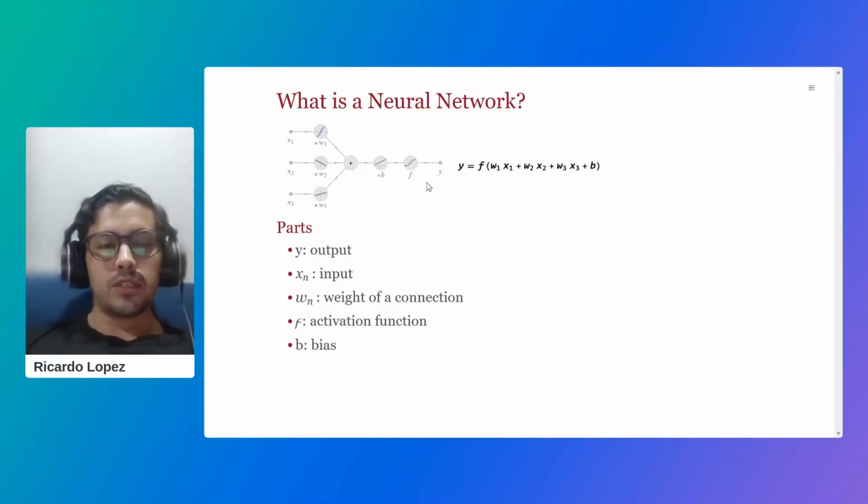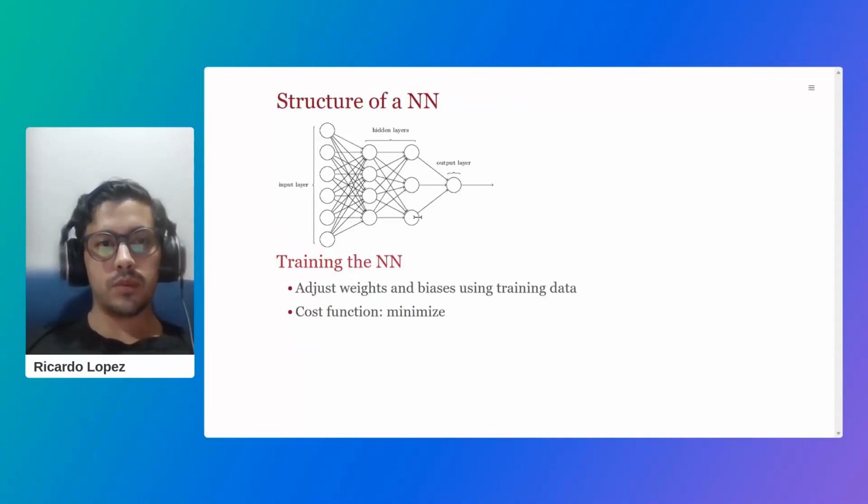So each of the neurons is doing this operation, and each of these weights and biases are parameters that we will adjust to get our desired solution.